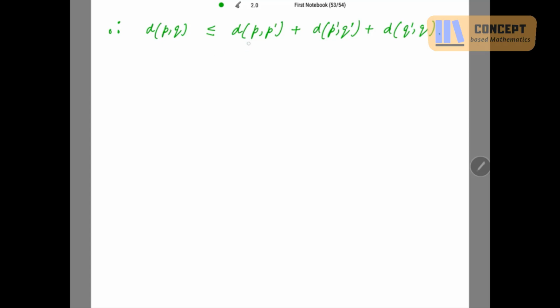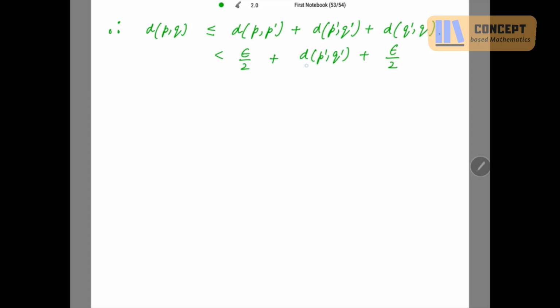Now this d of P P dash is strictly less than epsilon by 2, and this d of Q Q dash is also less than epsilon by 2.